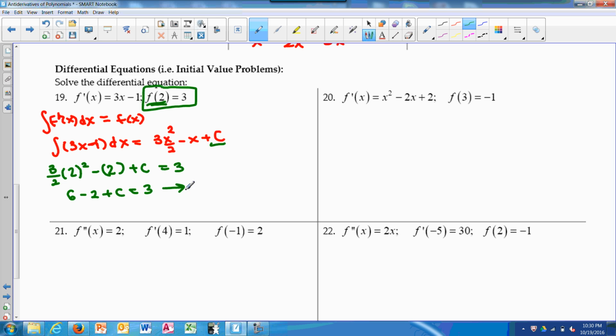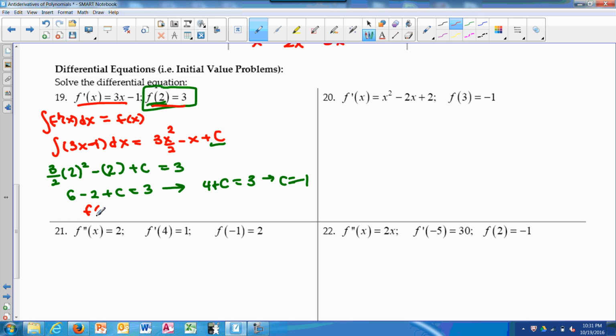That means that 4 plus c has to equal 3, which further tells us that c is equal to negative 1. That means that I do know the exact parabola that has this derivative passing through this point.